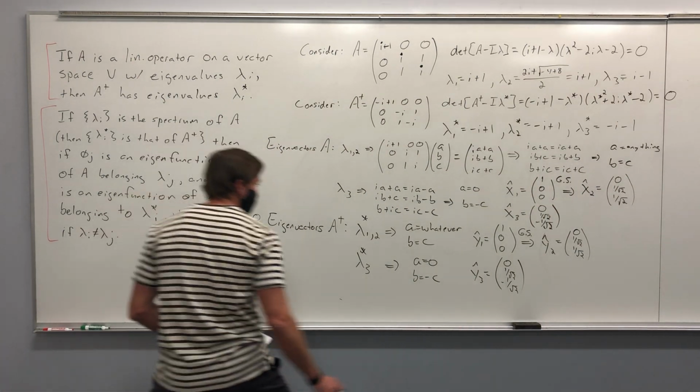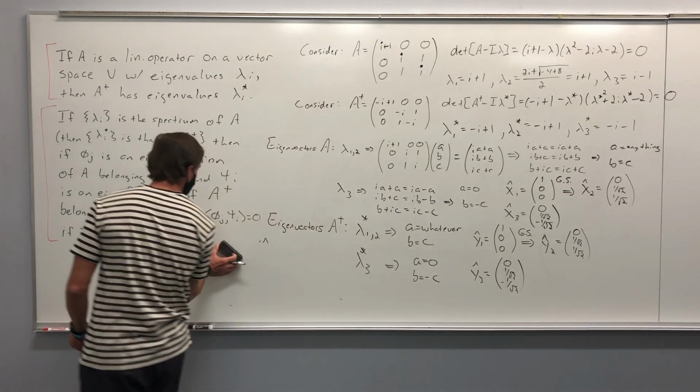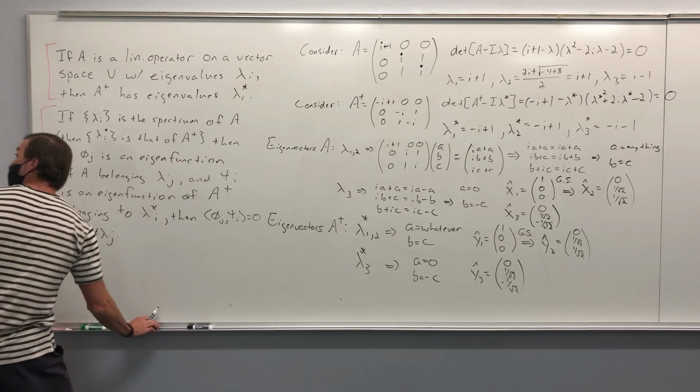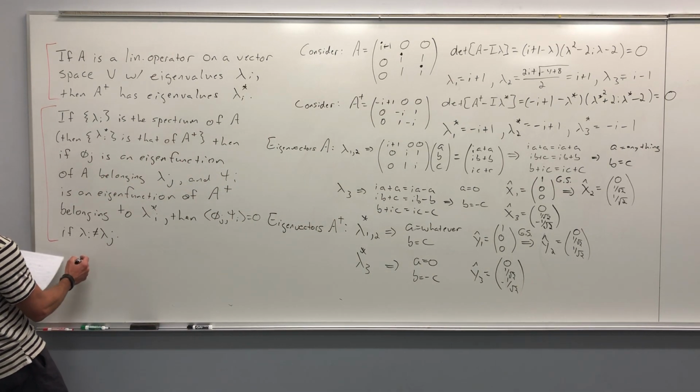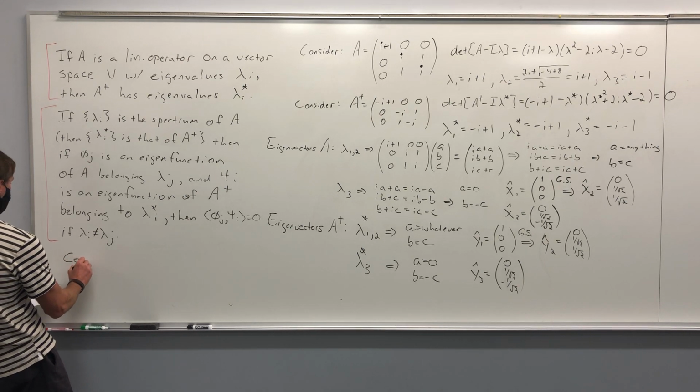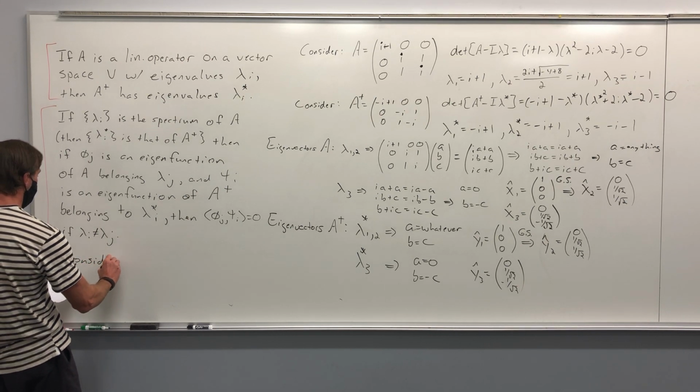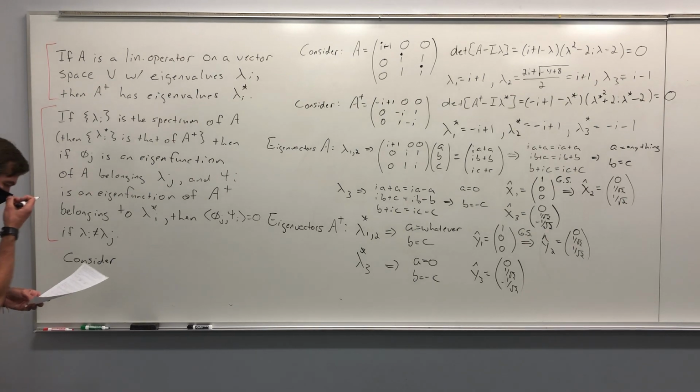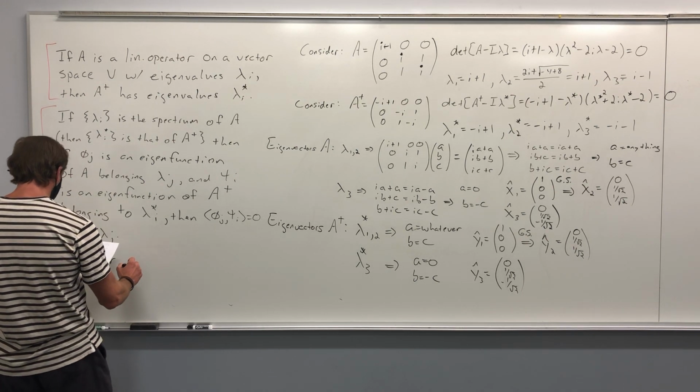There is yet another theorem which says, consider A. I'm just trying to get all of the theorems and definitions that are in the book on the board. Some of them are not really that interesting.